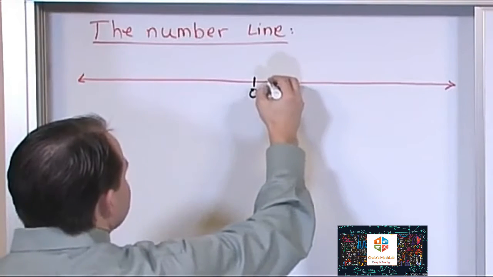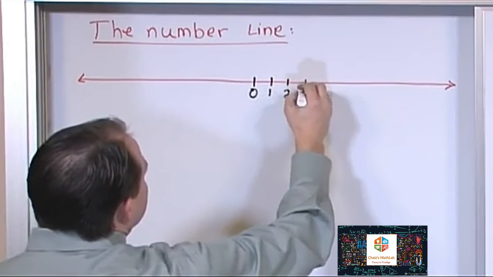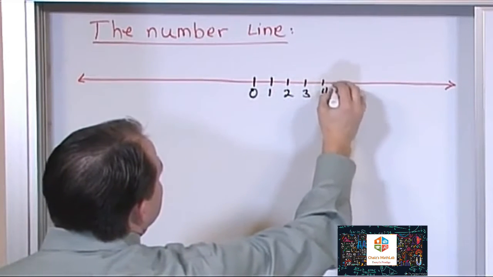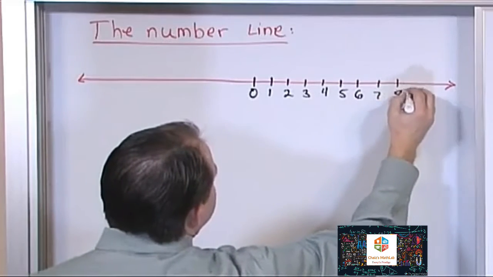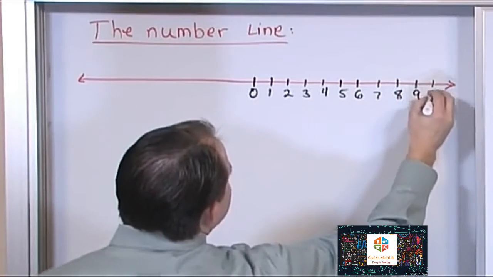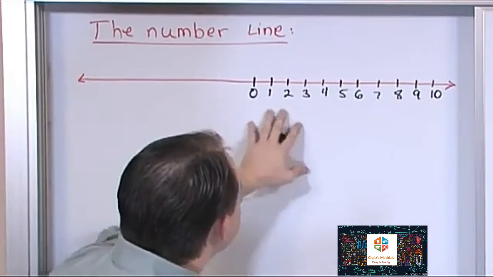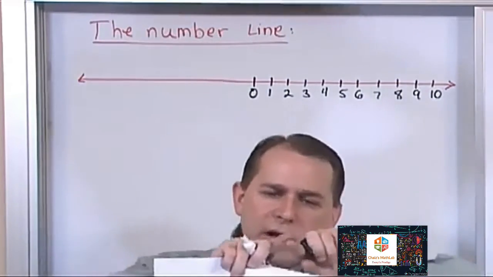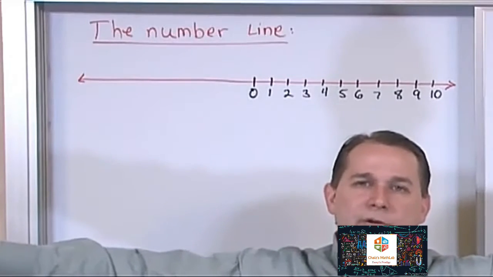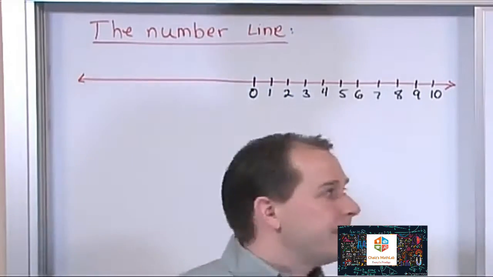So the way you write your number line is you put little tick marks. 1, 2, 3, 4, 5, 6, 7, 8, 9, 10. Now you can write your number line to have as many numbers as you want, because this little arrow here means it goes on to infinity. So the number line really goes in both directions forever and ever. It contains every number that you could possibly think of, right?